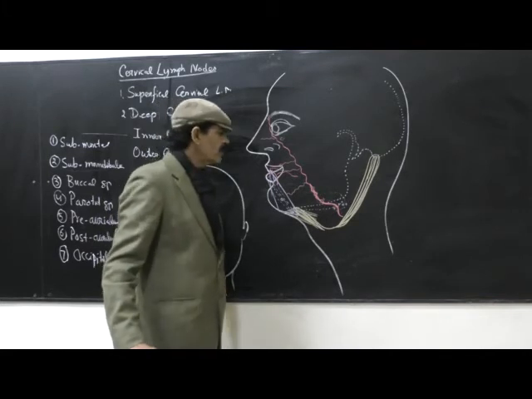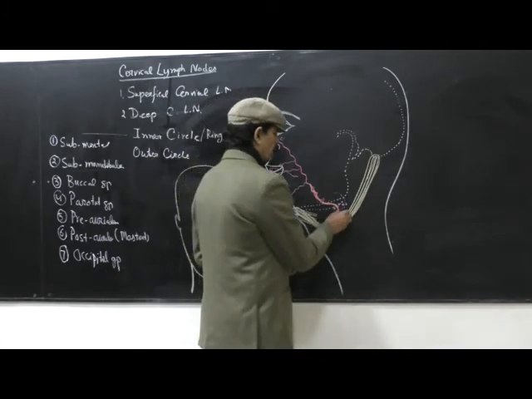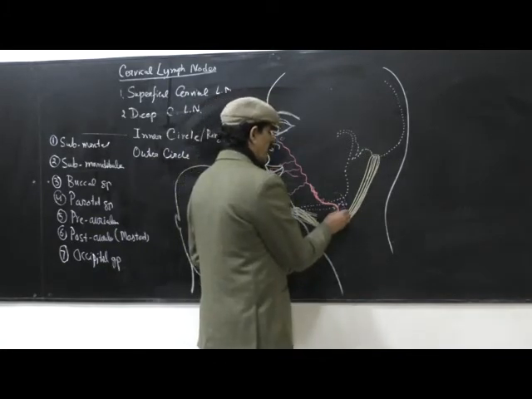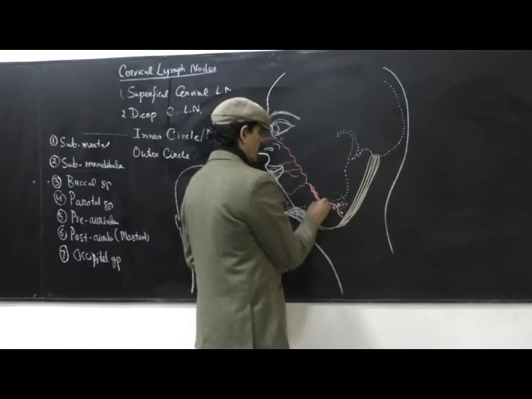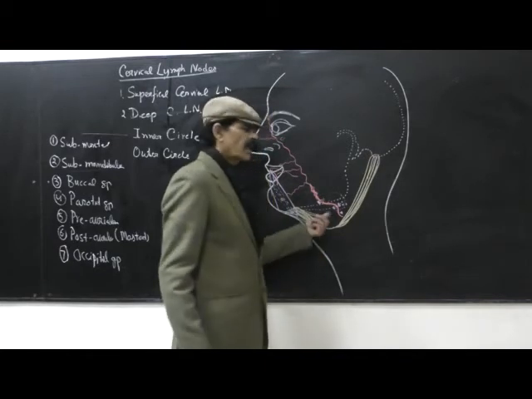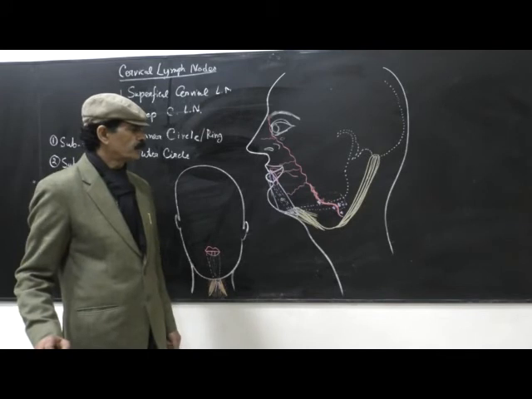So one lymph node is present in front and one is behind the facial artery, and one is anterior to the facial artery. So there are 3 or 4 submandibular group of lymph nodes.